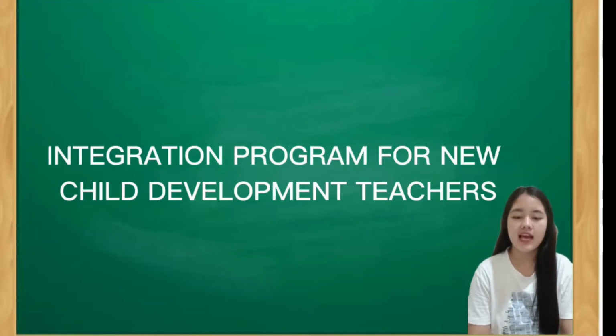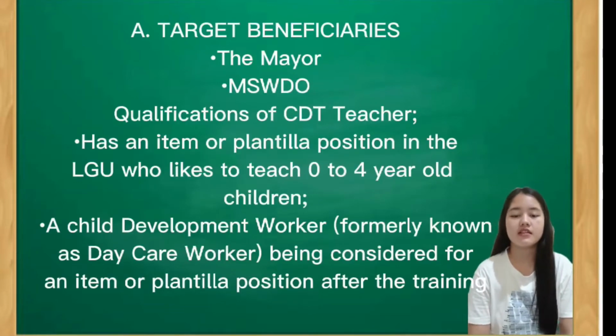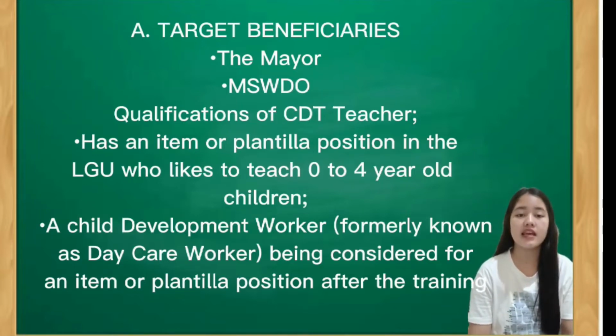So they have the target beneficiaries. Upon the establishment of the NCDC, the mayor, through the MSWDO, recommends to the ECCD Council a child development teacher or CDT designated or assigned to teach at the NCDC, preferably with the following qualifications.